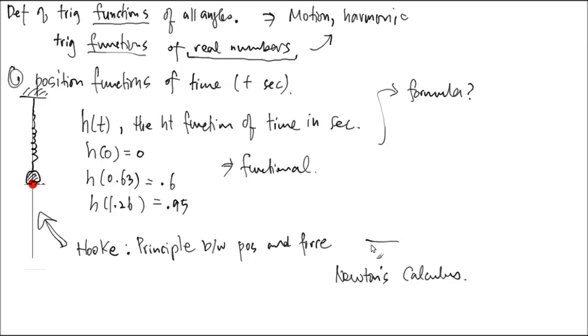Using Newton's calculus, there was a mathematical deduction that can be made. That means it is not like we decided to use this function to model the position of this spring mass system. Mathematically, they deduce if the principle is accurate, there's nothing else. It has to be this formula. That's what I mean by mathematical deduction.